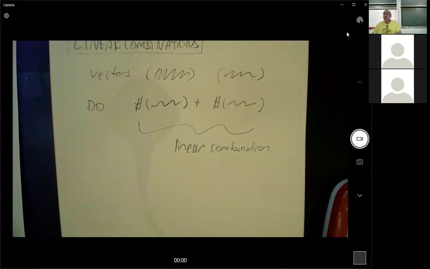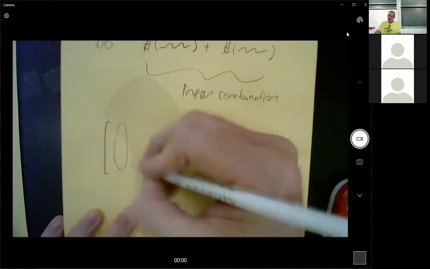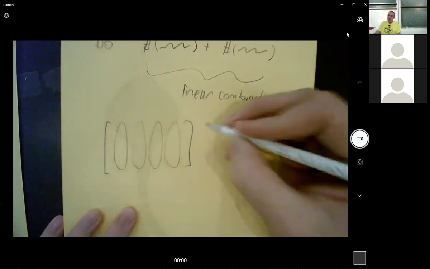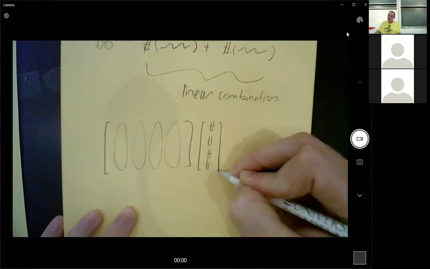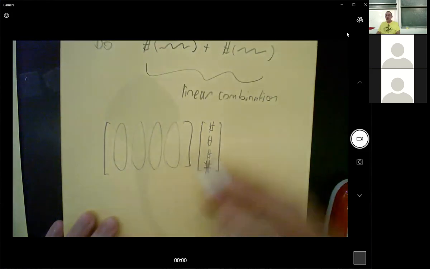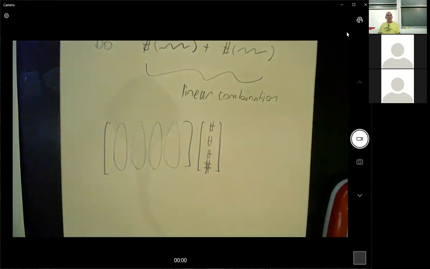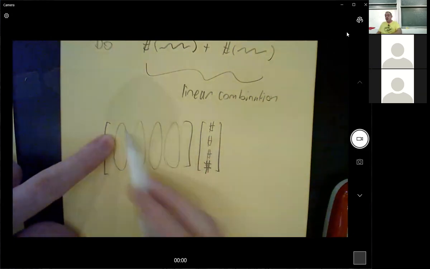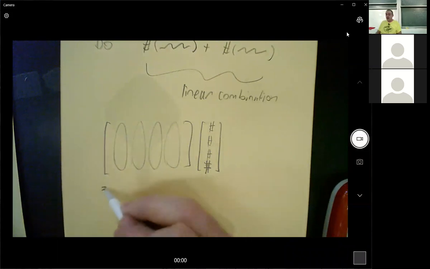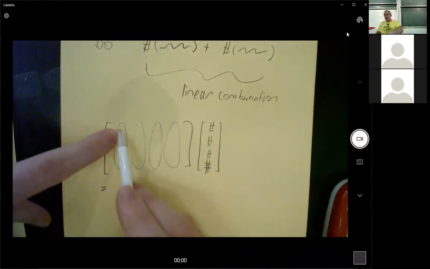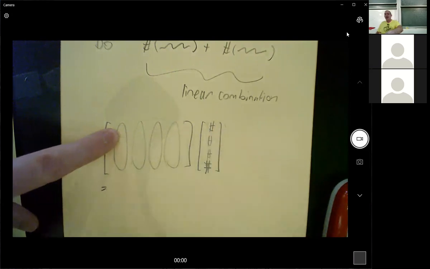But it's really important to know about this because every time you do matrix multiplication, you are doing linear combinations. So if I had a matrix that had certain columns and I multiplied it by a vector, this has 4 columns, this has 4 things. That's how matrix multiplication works. I could think of it as row times column and row times column, but I can also think of it as that when I do this matrix multiplication, everything in this column is going to get multiplied by that number.